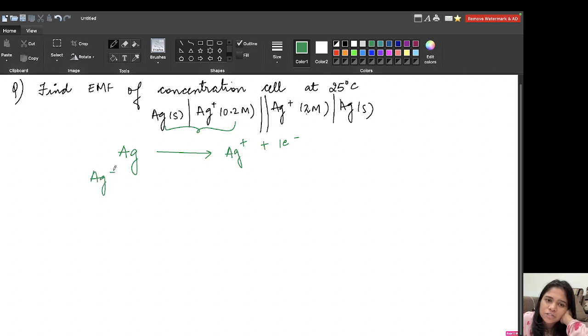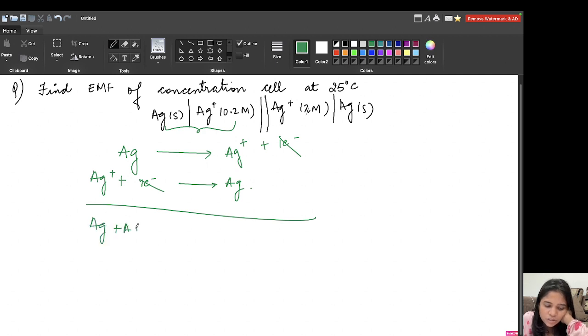Second time, Ag plus is accepting one electron to give you Ag. What will be the overall reaction? Ag plus Ag plus is giving you Ag plus Ag, right? But here this one will be 0.2 and this one will be 0.1. This one will be 2, this one will be 2.